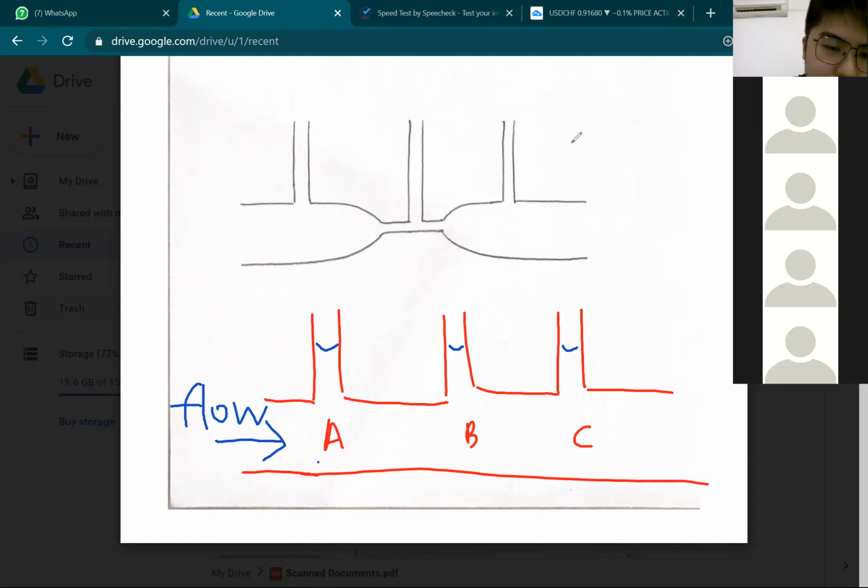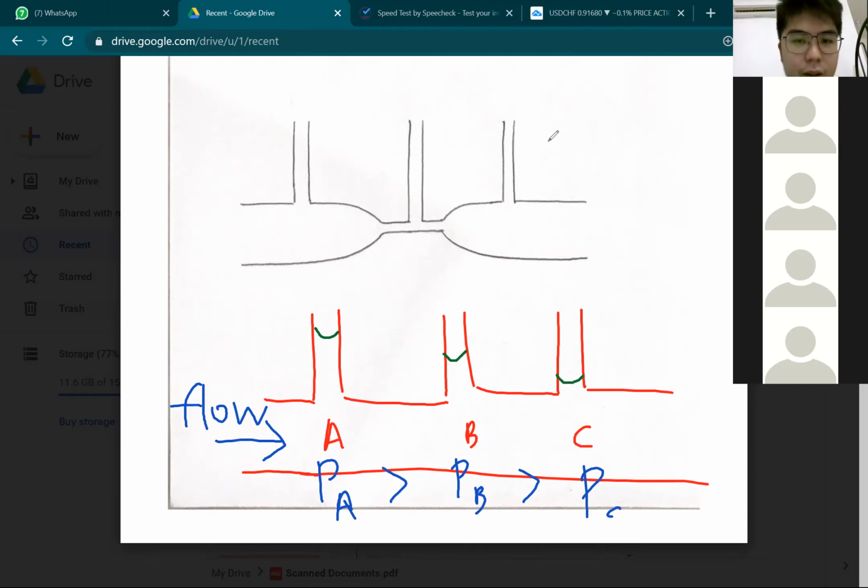So pressure PA is higher than pressure PB, and is higher than the pressure at C. So the water level should be like this: highest at A, because pressure at A is the highest, so it pushes the water level up. Then the water level at B is a little bit lower, and the water level at C is the lowest.